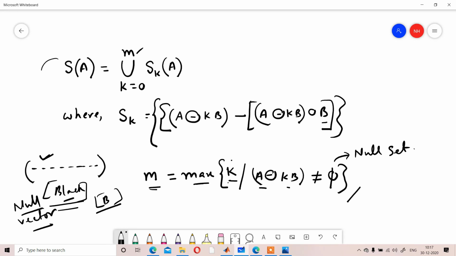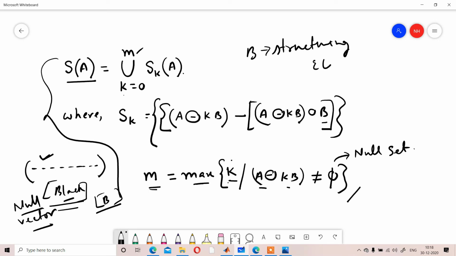So the process will continue like that. S is your skeleton, which will be equal to the union for K equal to 0 to M of Sk of A, where Sk is given as A erosion Kb minus A erosion Kb opening B. B is your structuring element.